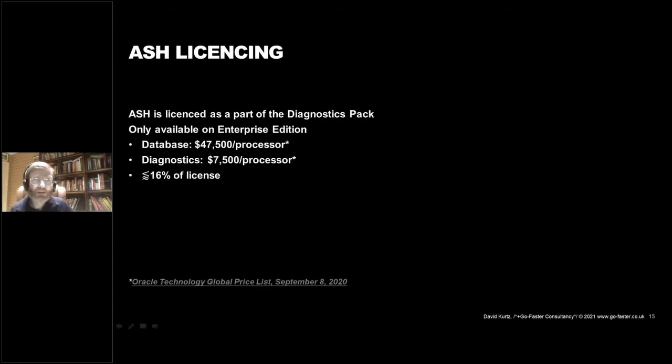So this isn't likely to change. It's only available on Enterprise Edition, and the cost from the price list is about 16% of your basic license. It's quite often sold with Diagnostics and Tuning packed together. Tuning is, I think, another $5,000 per processor on top of that. So yes, it costs money.